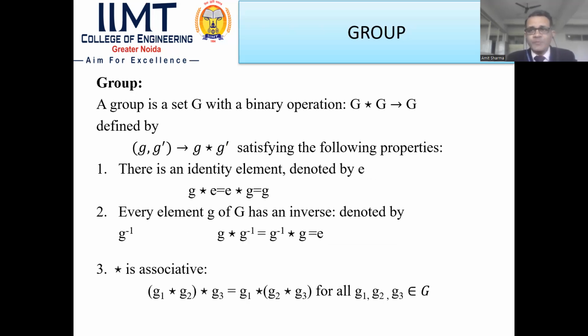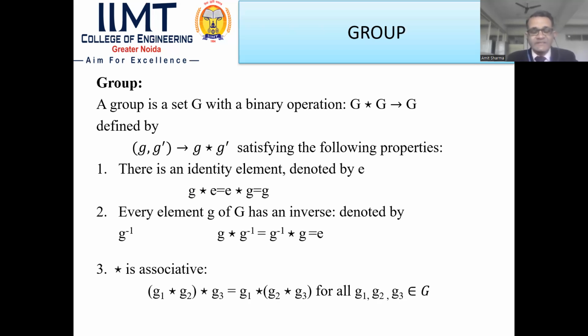What is a group? A group is a set G with a binary operation G cross G to G, defined by the ordered pair (g, g') going to g star g', satisfying the following properties. The first one is existence of identity element denoted by e, which satisfies g star e is equal to e star g is equal to g.